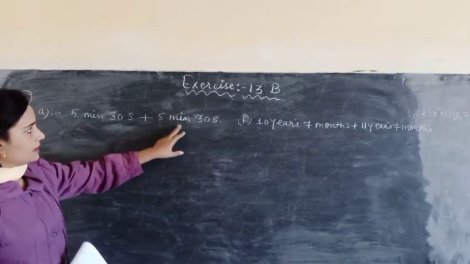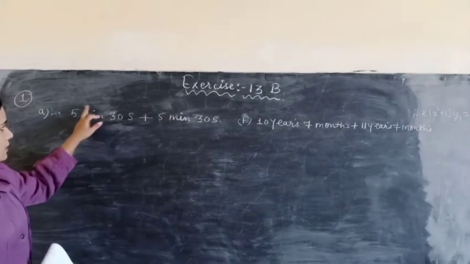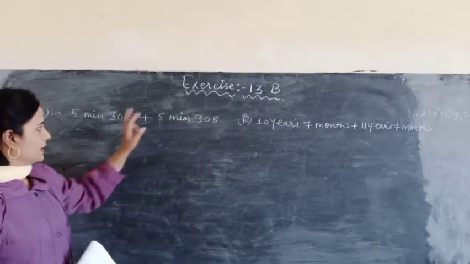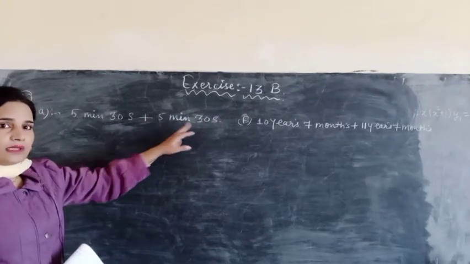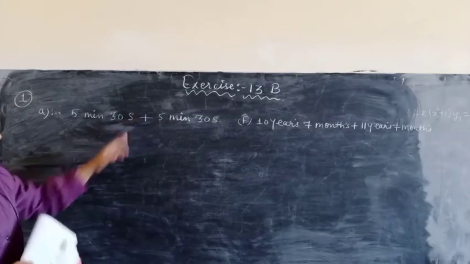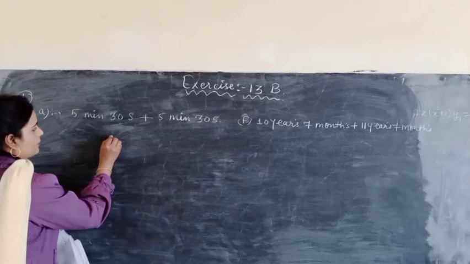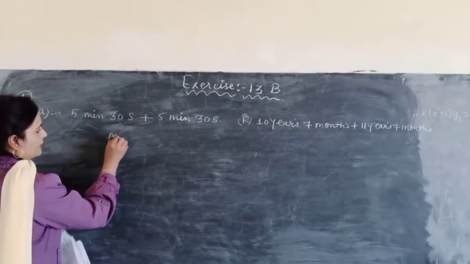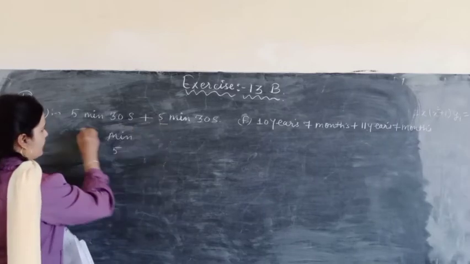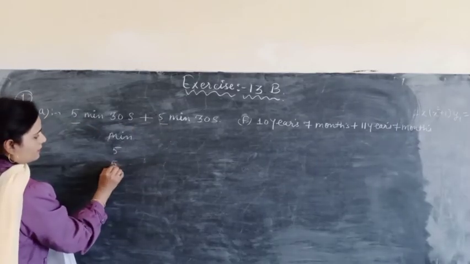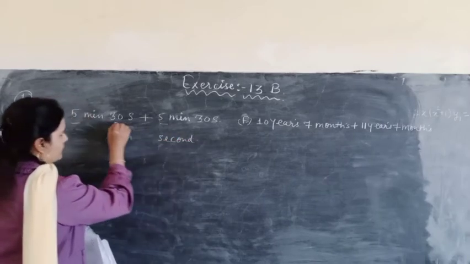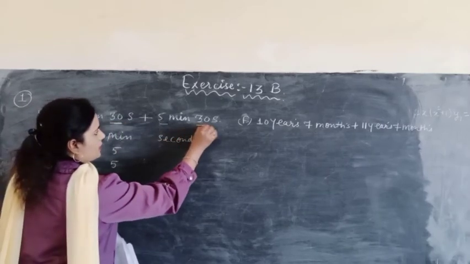We will add the minutes together and the seconds together, because here is the sign of addition. हम मिनट्स को और सेकंड्स को ऐड करेंगे because here is the sign of addition. First of all, we will write the minutes properly: 5 minutes, also 5 minutes, and here is seconds: 30 seconds, also 30 seconds.